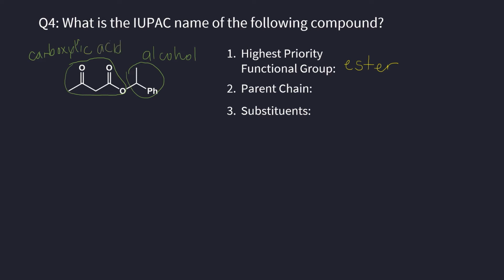Esters can be made through the reaction of an alcohol with a carboxylic acid, so the ester is basically the name of the alcohol plus the name of the carboxylic acid. Let's name the parent chain first. So the ester group is attached to a 4-carbon chain. Therefore, the parent chain is butanoate.